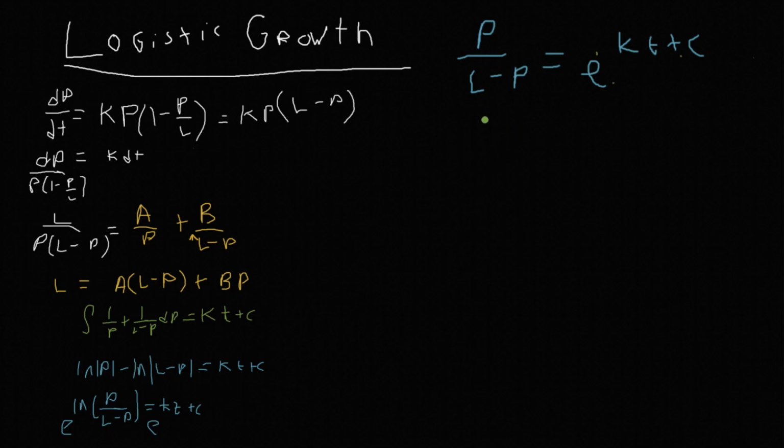L minus p over p is going to be equal to e to the, and we're just going to have a negative exponent because we reciprocated it, negative kt, and then we're going to do plus c.